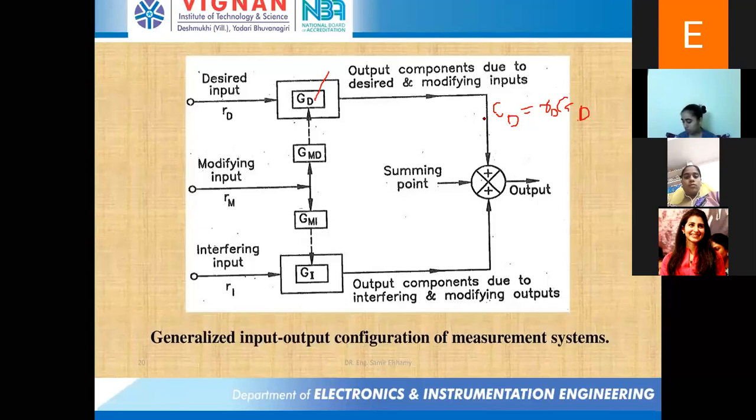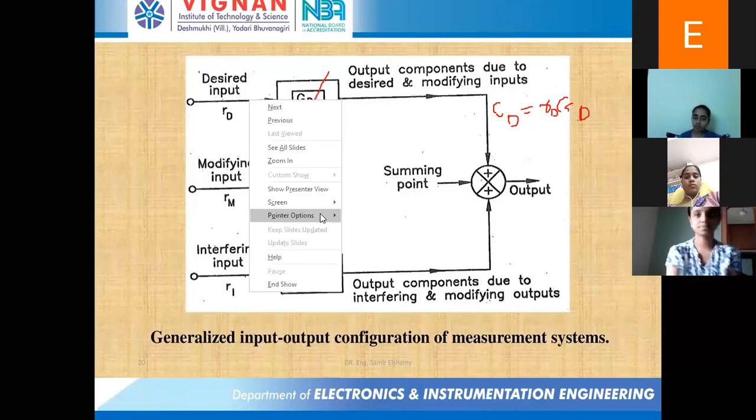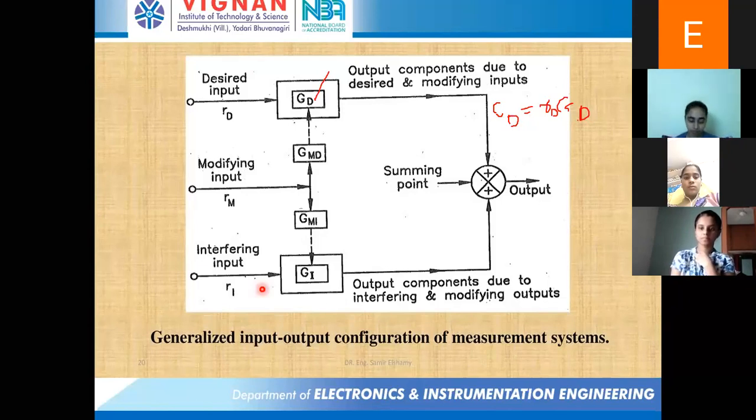Therefore GD is a constant in the case of linear systems, or in the case of non-linear systems, it may be an algebraic function. Next, what is an interfering input? Interfering input represents the quantities to which an instrument is unintentionally sensitive.